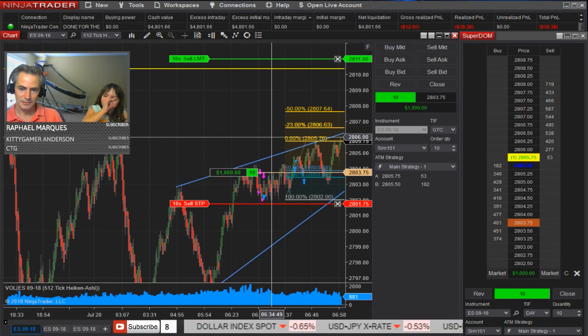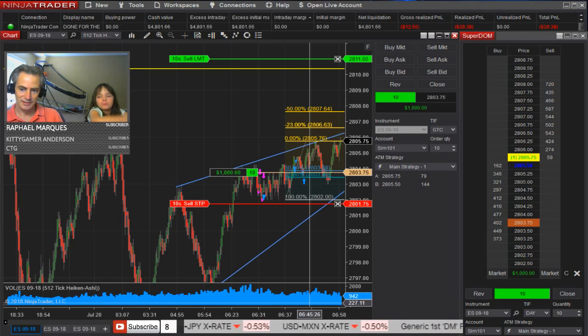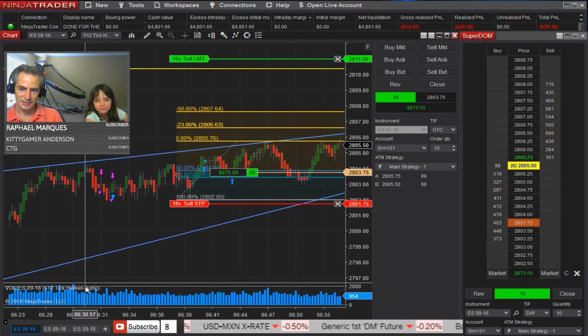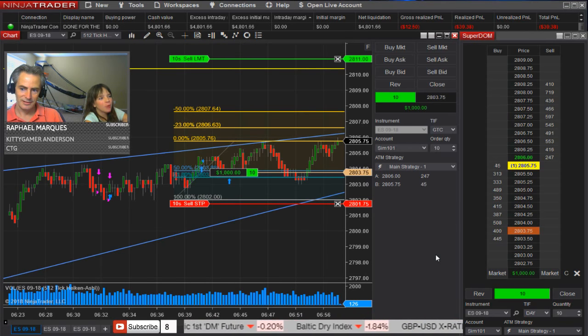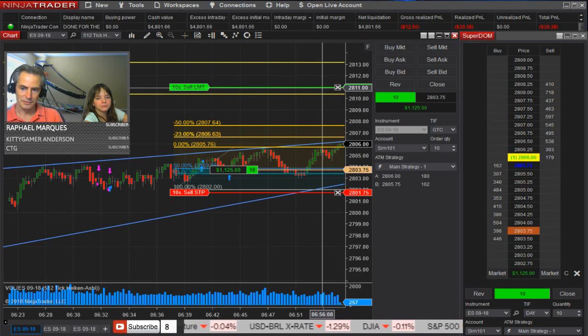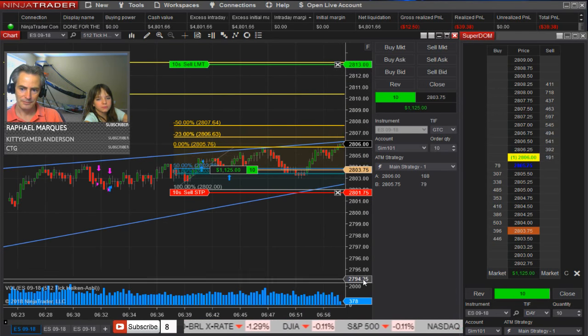Oh, there he goes. It's gonna try. We'll move our target a little bit because it could pop pretty quick.